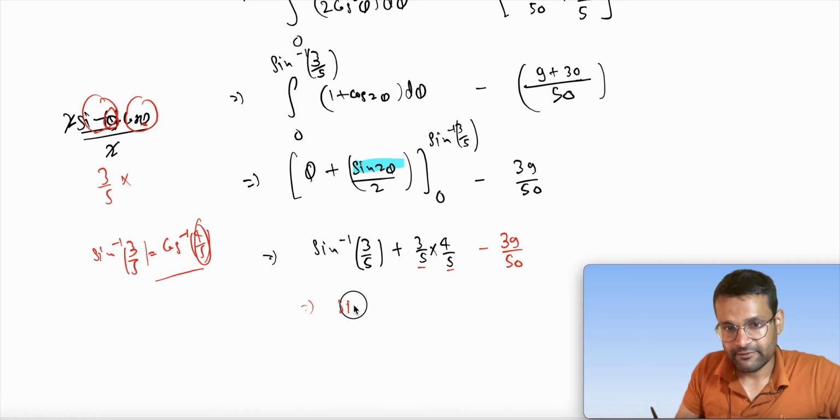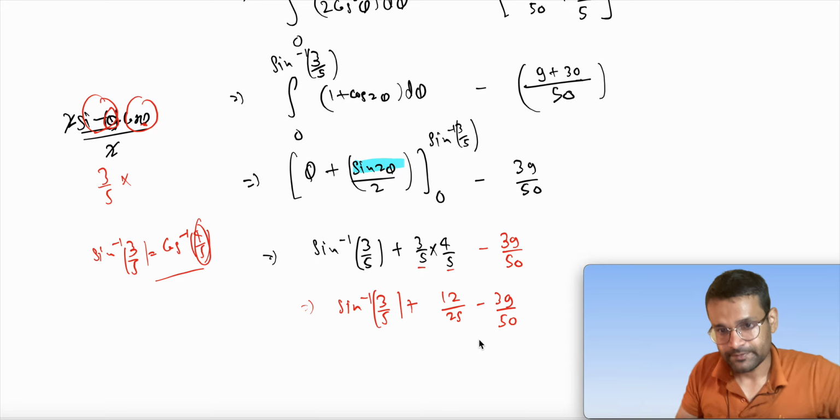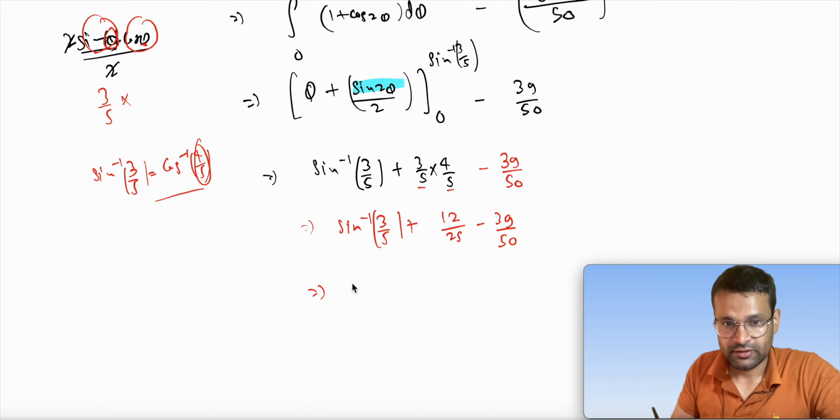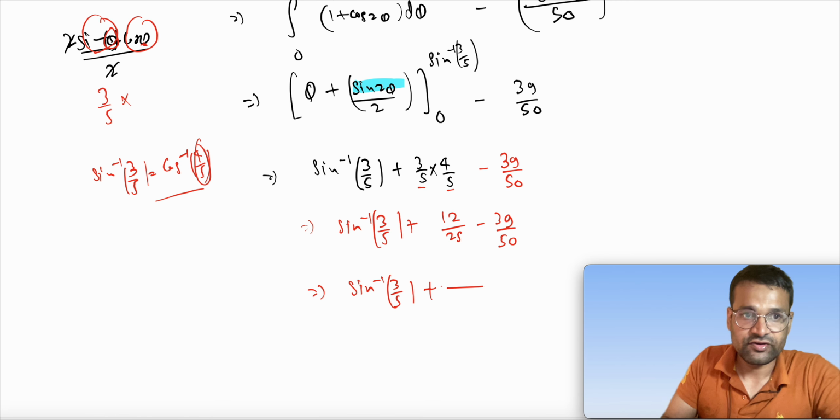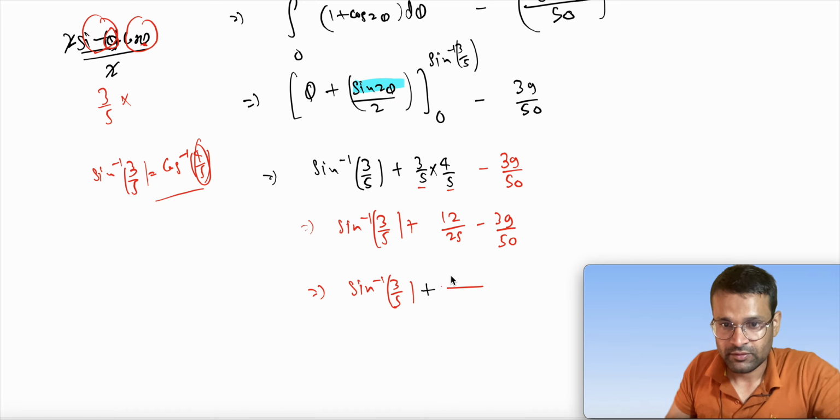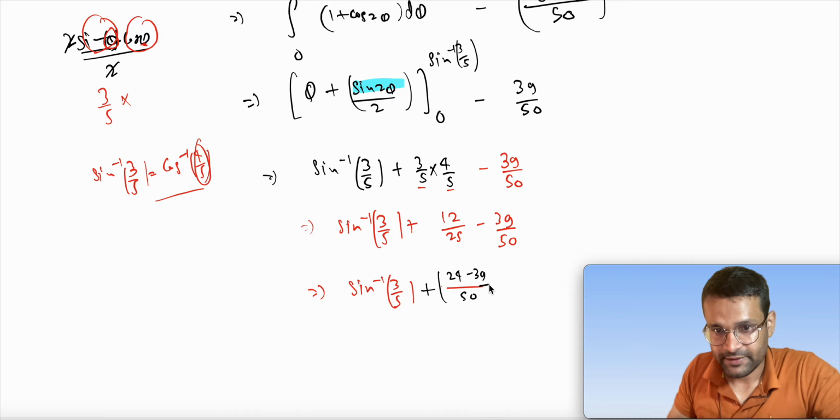Now you get sine inverse 3 by 5 plus 12 by 25 minus 39 by 50. Now you can solve: you get sine inverse 3 by 5 plus 24 minus 39 by 50.